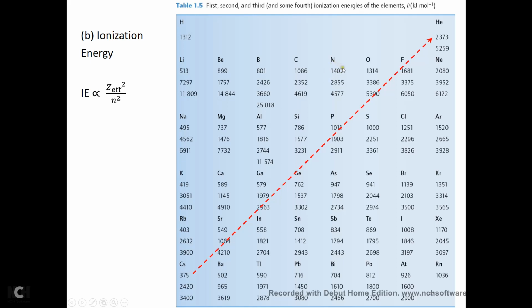That makes this nitrogen atom particularly stable, so it takes more energy to remove an electron from nitrogen. Conversely, it's a little bit easier to remove an electron from oxygen because there are 4 p electrons in oxygen. If you remove one electron, this oxygen plus can actually form a half-filled subshell. All right.